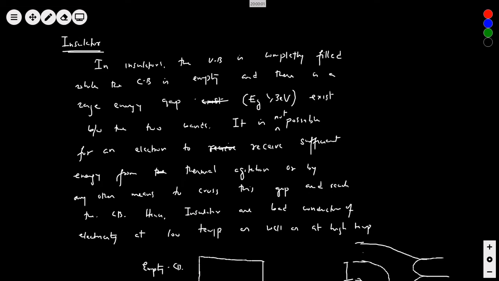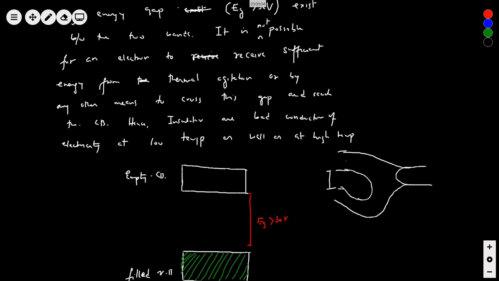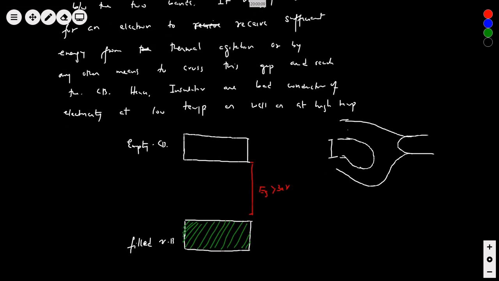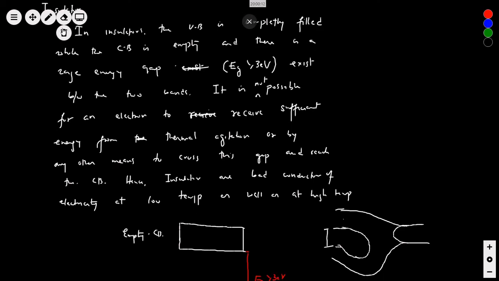Now we have seen what metals and insulators are, and how we can classify them based on the energy band diagram. Now let us come to semiconductors. As you can understand, if the gap is not too large, if it is within a range that electrons can get sufficient energy from the surrounding temperature, then they can easily jump.